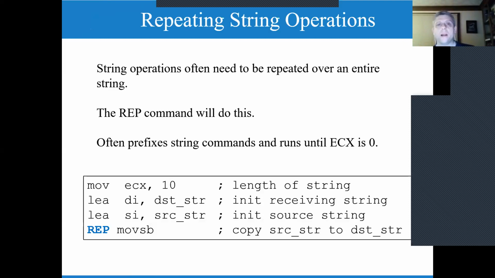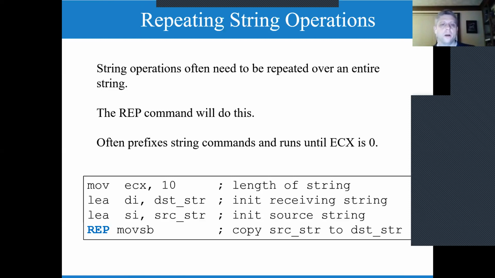The one thing that I will point out is with string commands, you often need to repeat these over an entire string. So you don't have to write a loop command to do this, you can use what's called the rep command. What this does is it will repeat the command over and over again, subtracting 1 from ECX each time until ECX is 0. In the sample code here, we're moving 10 into ECX.